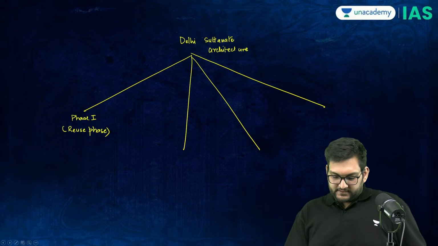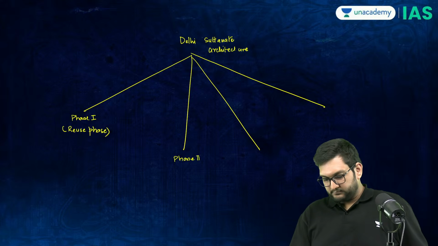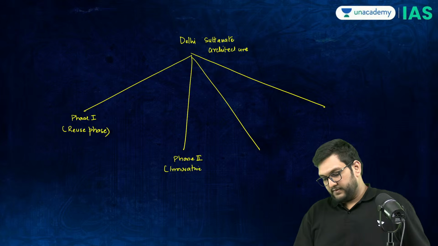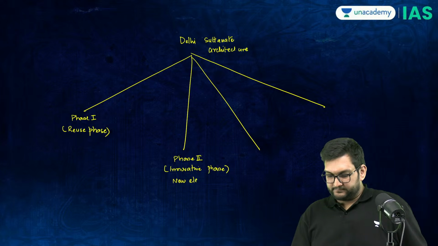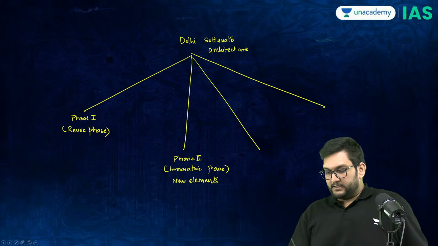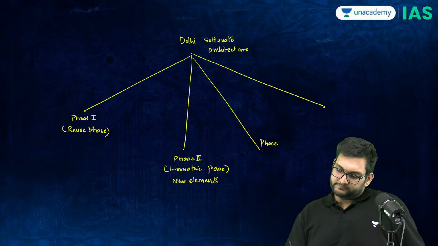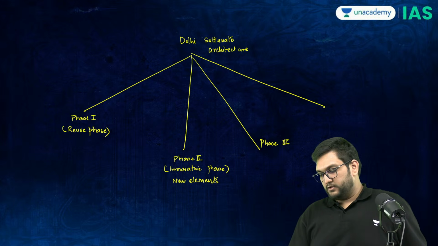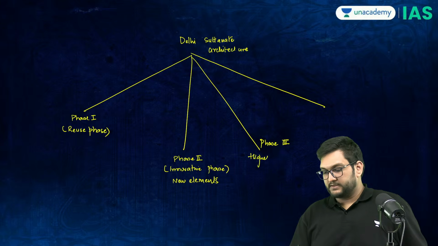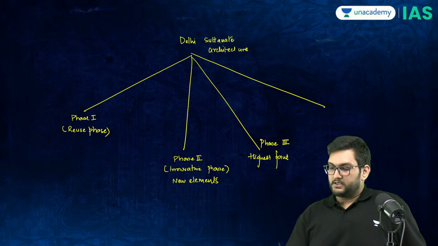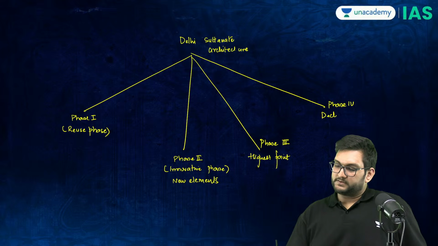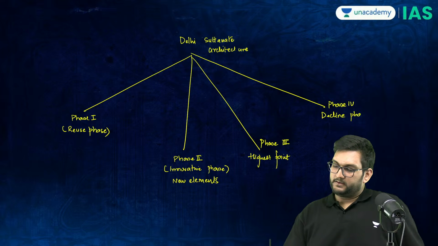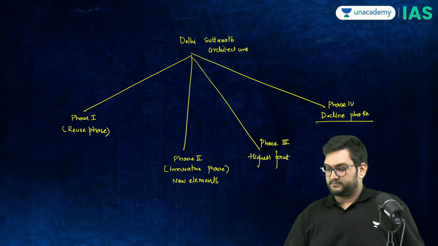The second phase is called the innovative phase, where there are new elements which are added. The third phase is called, you can say, the highest point, zenith if you want to say. And phase 4 is the decline phase.